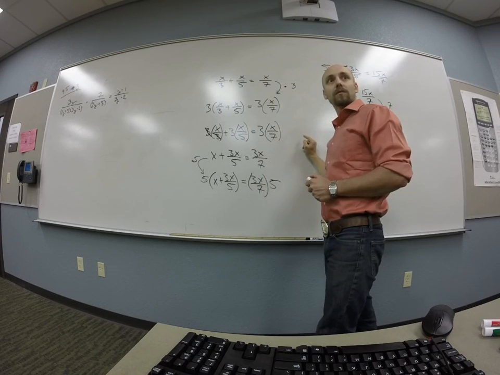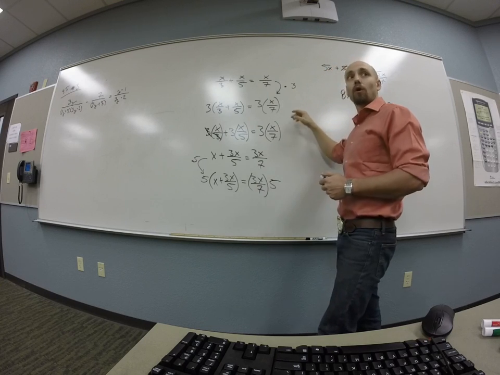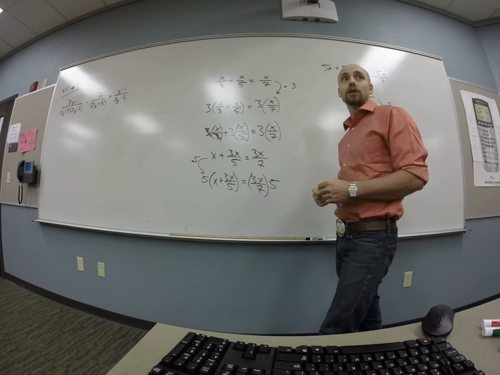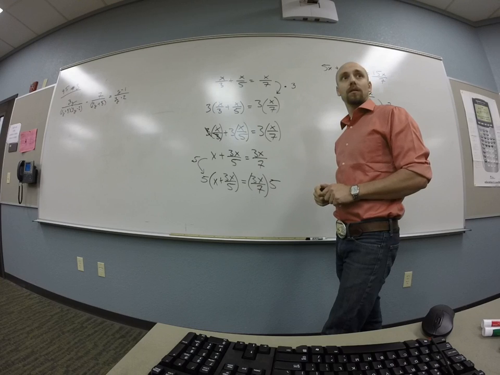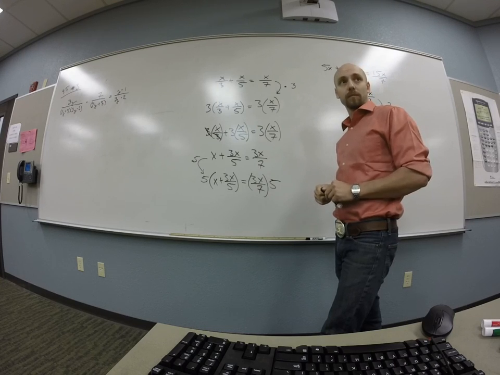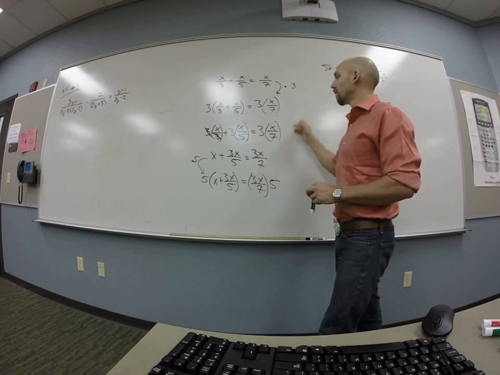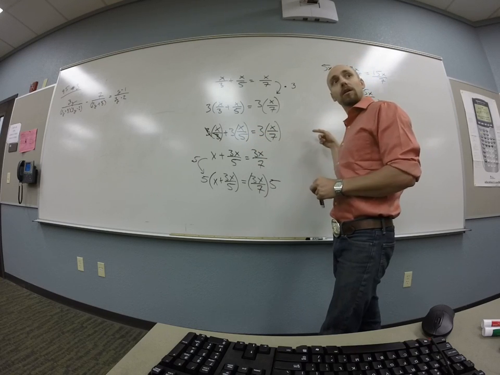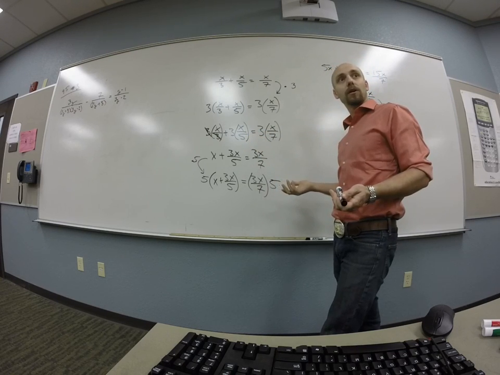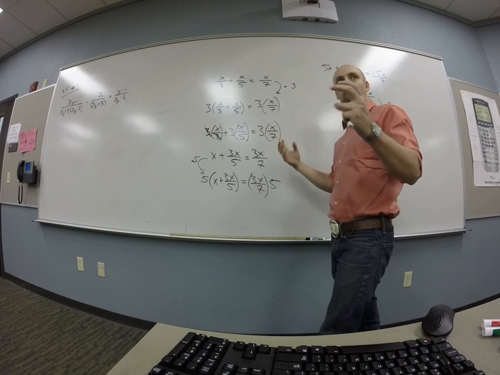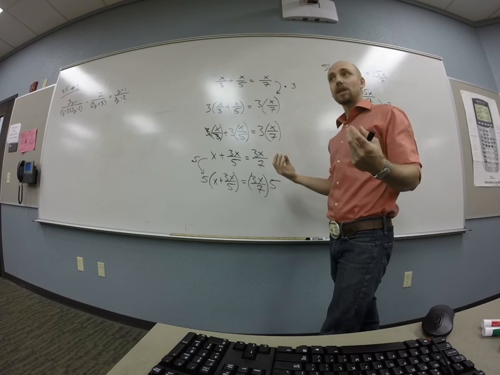You can do it step by step, or you can do it all at once. It's your choice. Then all the bottoms will cancel, and I'll be left with an equation with integers, something easy to deal with.